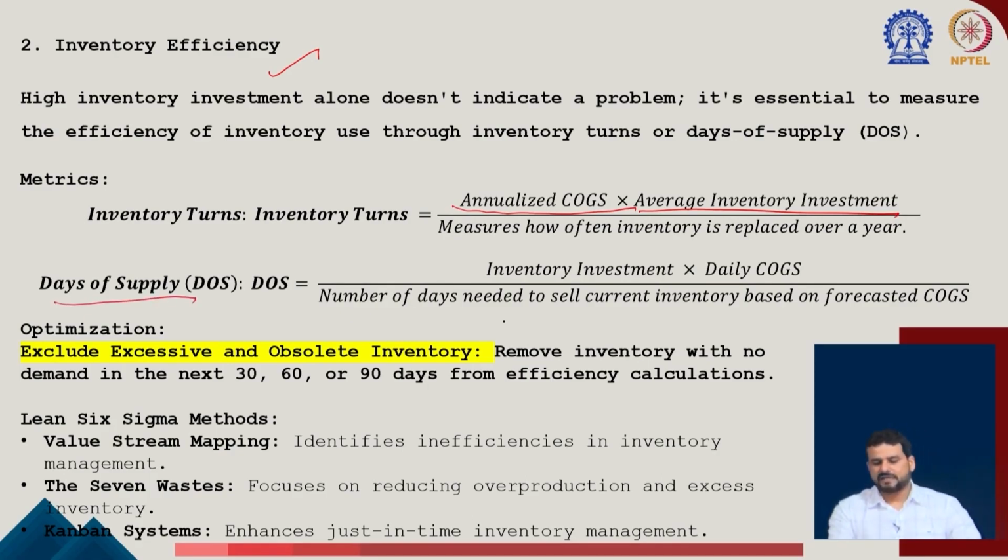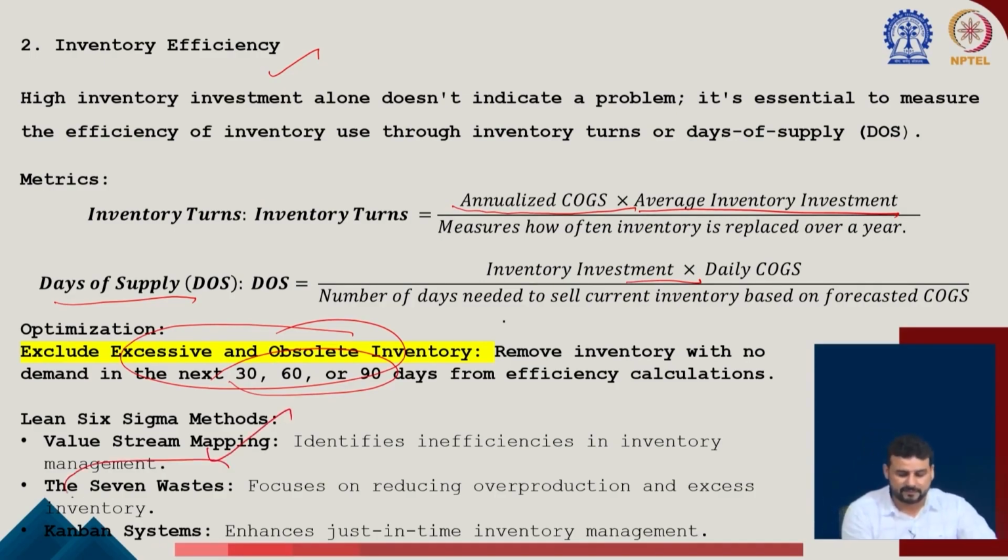Days of supply: inventory investment divided by daily cost of goods sold, giving the number of days needed to sell current inventory based on forecasted cost of goods sold, right? How can you optimize? Exclude all excessive and obsolete inventory. If today it is not required, maybe required after 60, 90, 100 days, then don't maintain inventory for that.